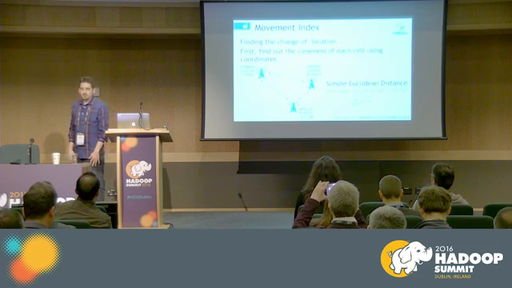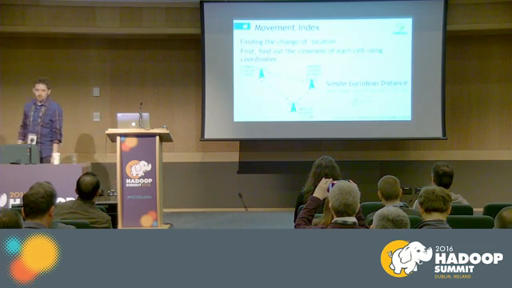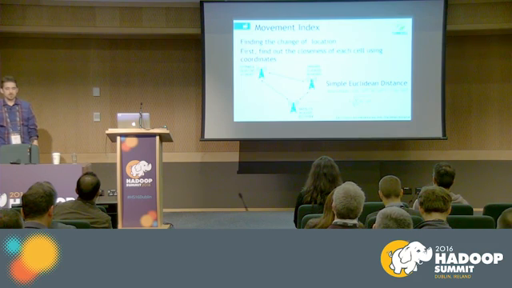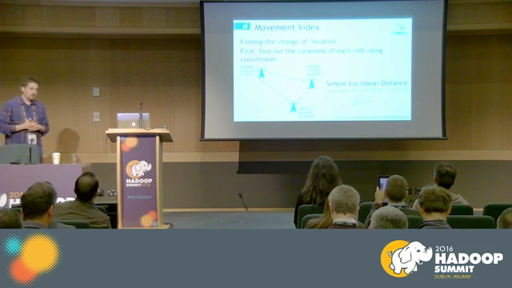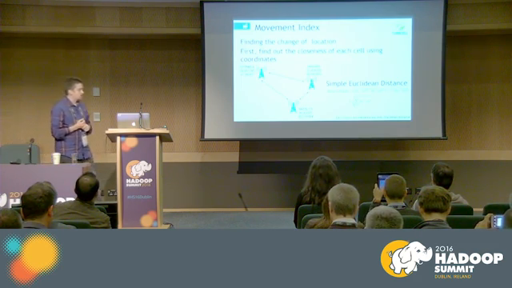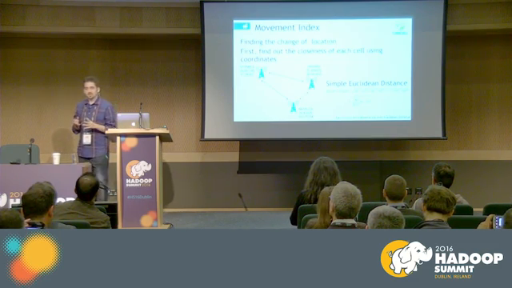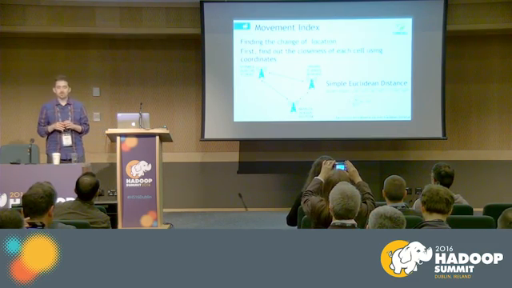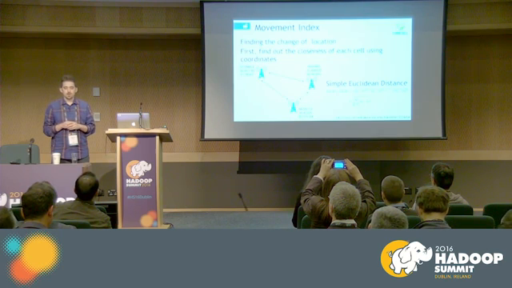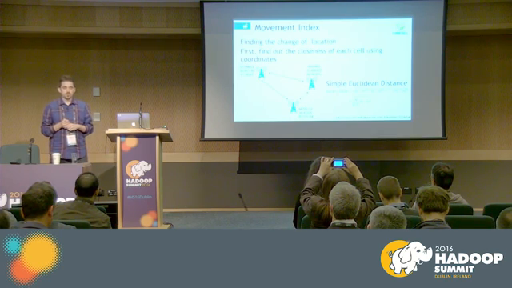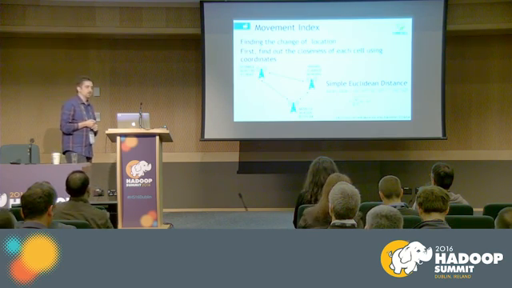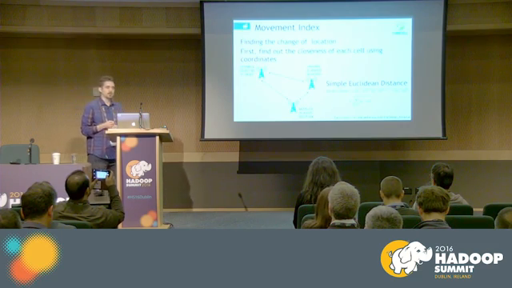We know the change of location, and we know the base station coordinates. So the first thing is to find the closest cell using these coordinates. This is a simple Euclidean distance.